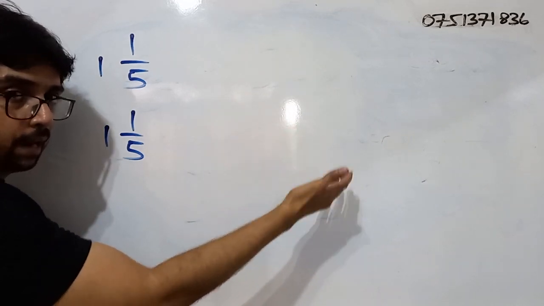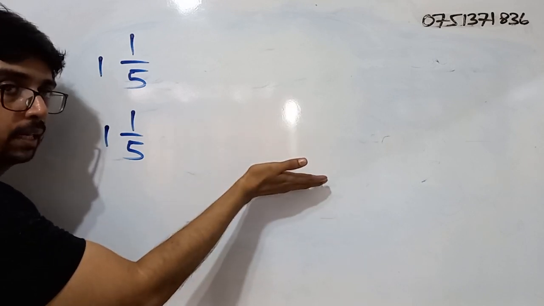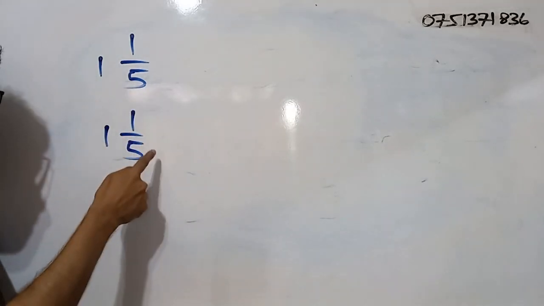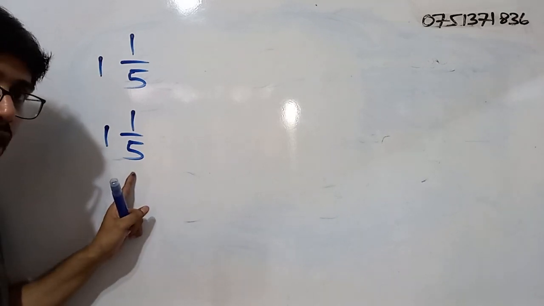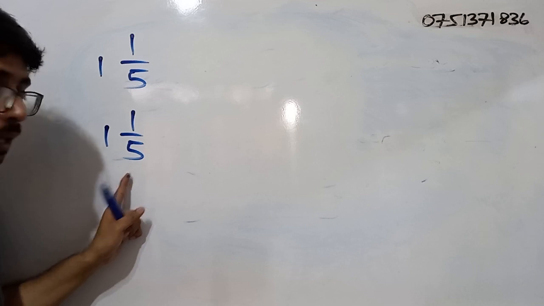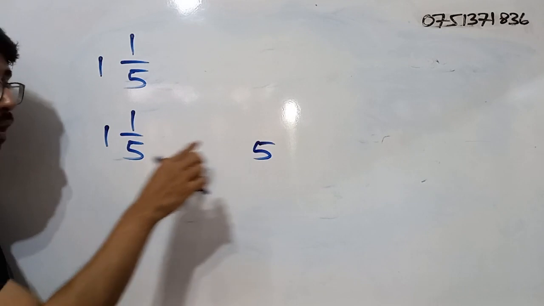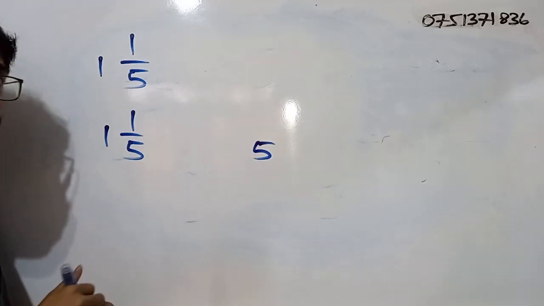It is essentially a fraction, no? So it must have a numerator and a denominator. If we think about this mixed number, in the fraction part, what is the denominator? The denominator is 5. Then definitely the denominator of the improper fraction is also 5.